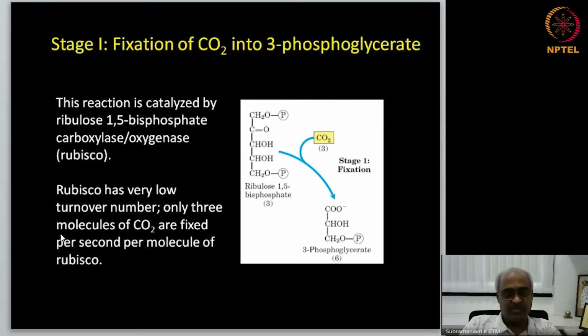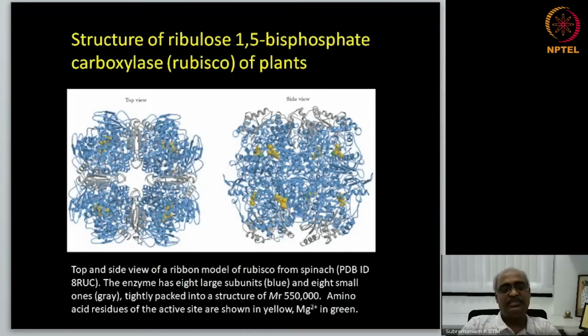So Rubisco is the most abundant of all enzymes, like cellulose is the most abundant carbon material on earth. So we look at how this enzyme does this catalysis. This is the enzyme structure, and you are only seeing a couple of views.